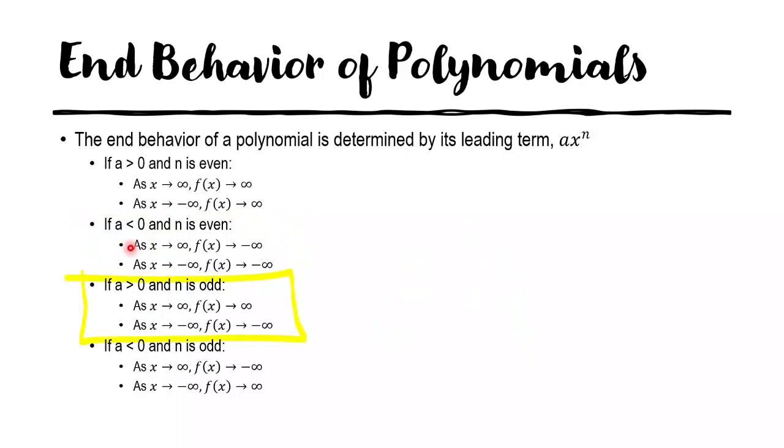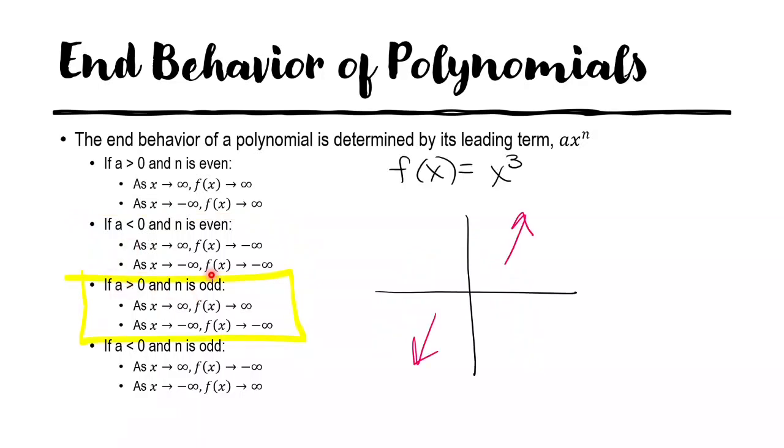If we have an odd exponent and a positive coefficient, so that would be something like x cubed, the right side goes up and the left side goes down. So as x goes to infinity, f of x goes to infinity. As x goes to negative infinity, f of x goes to negative infinity. The left side goes down.